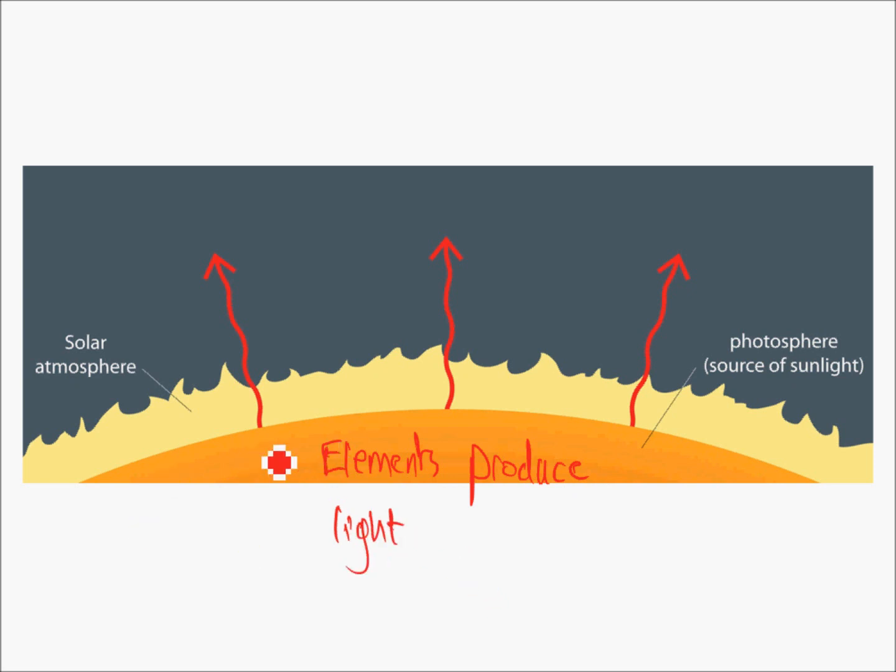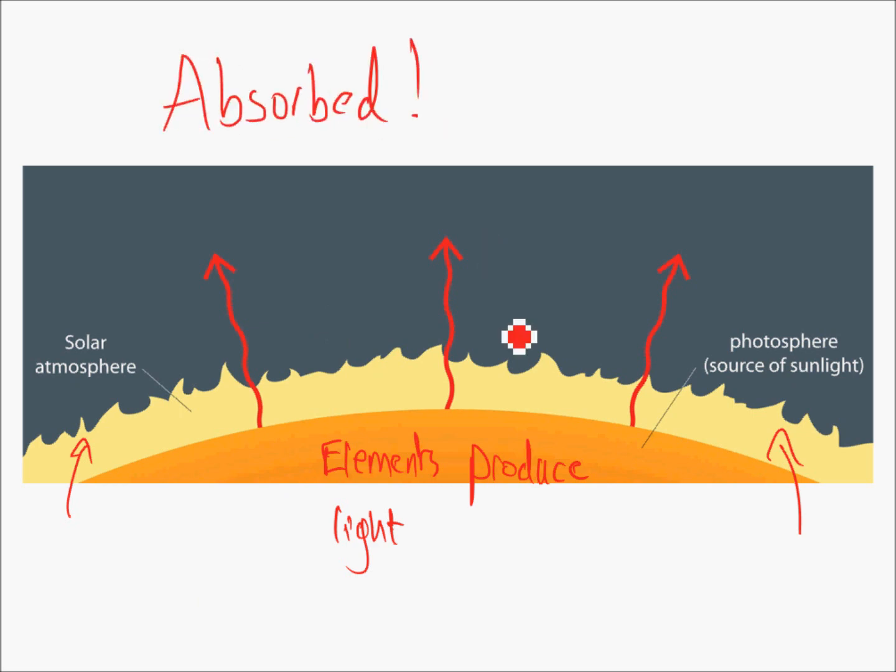But then that light has to pass through the atmosphere of the star. And in the same way that specific wavelengths can get produced by a certain element, specific wavelengths also get absorbed by certain elements.